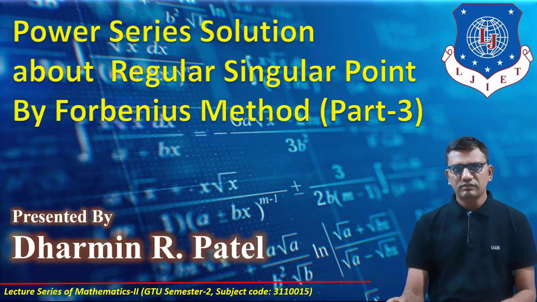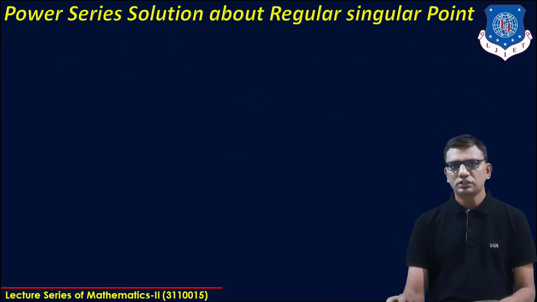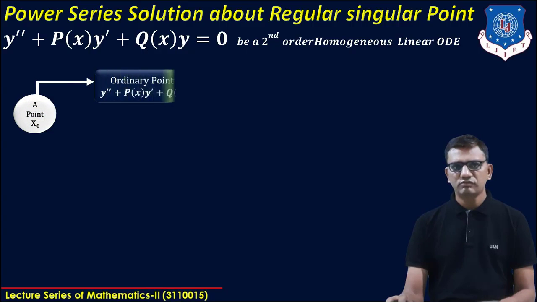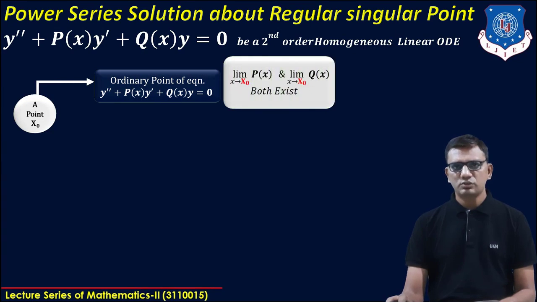Now, we will start our topic with the power series solution about a regular singular point. Here we have y double dash plus p(x)y dash plus q(x)y equal to 0, a second order homogeneous linear differential equation, and we know that x0 is said to be an ordinary point of the differential equation if the limit as x tends to x0 of p(x) and the limit as x tends to x0 of q(x) both exist.